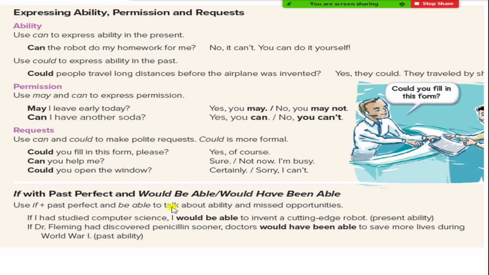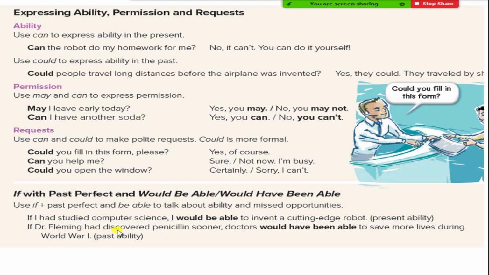If I had studied computer science, had studied is the past perfect, I would be able to invent a cutting edge robot. This expresses present ability.